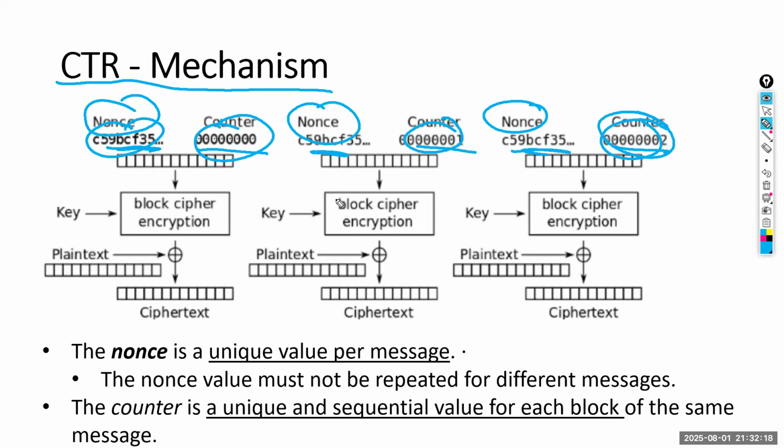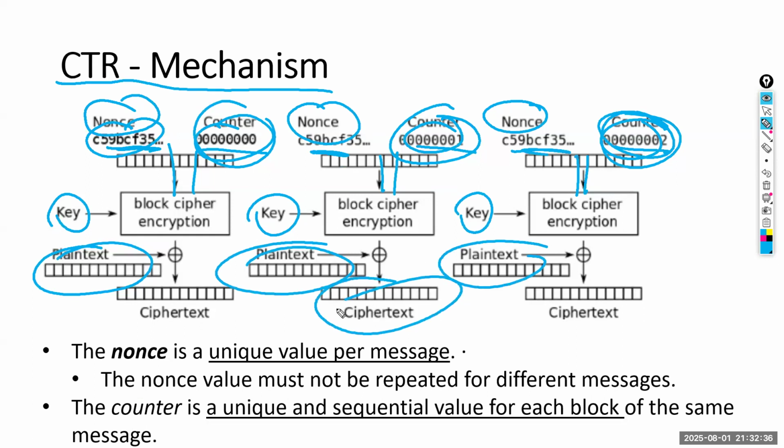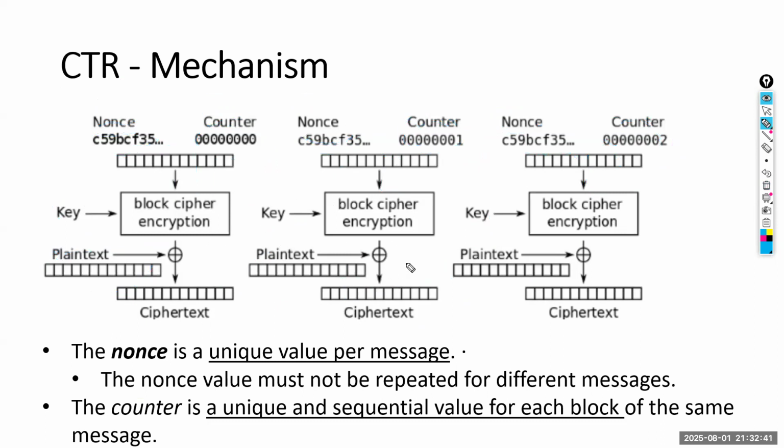So the idea is, though your key is the same, every time you have another unique input given. Why is it unique? Because you change the counter. So even though you take the same plain text, your ciphertext changes. At the same time, here you don't have chaining.